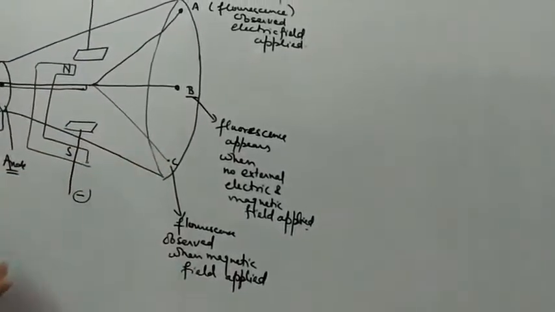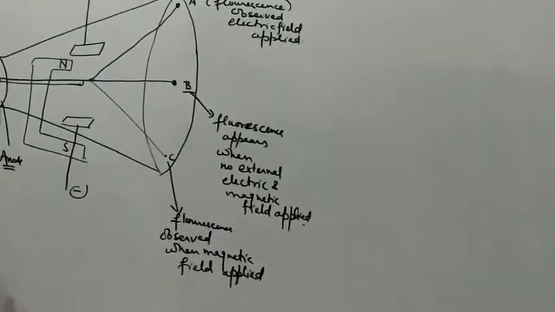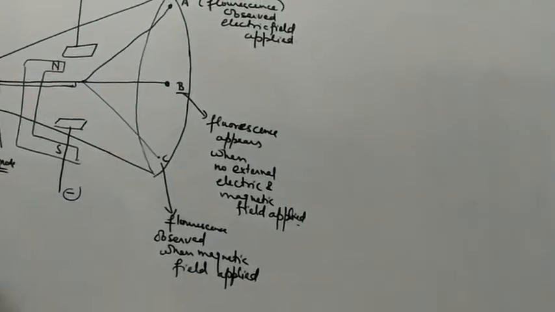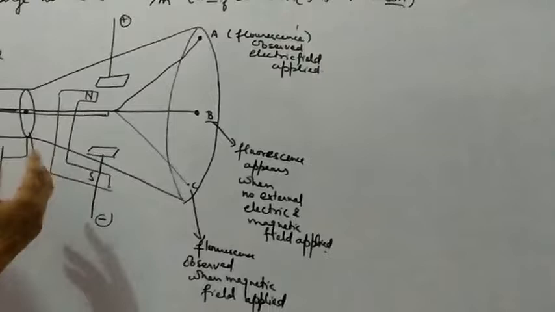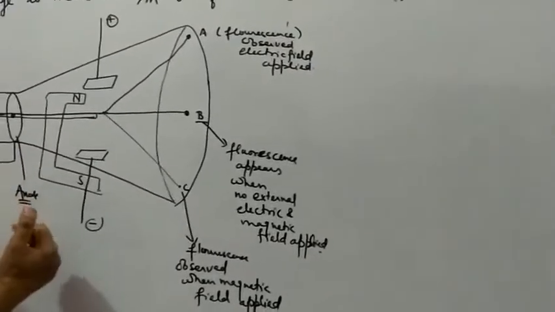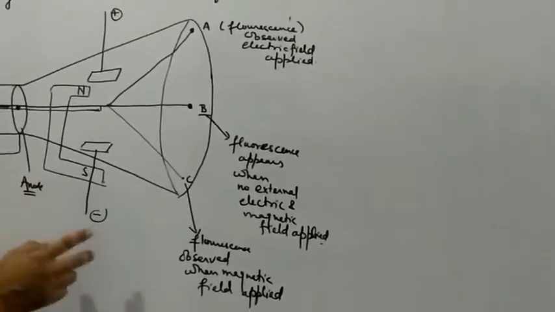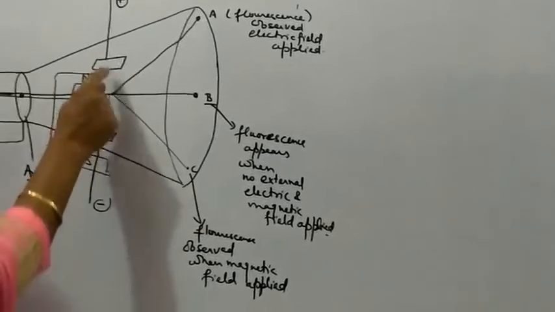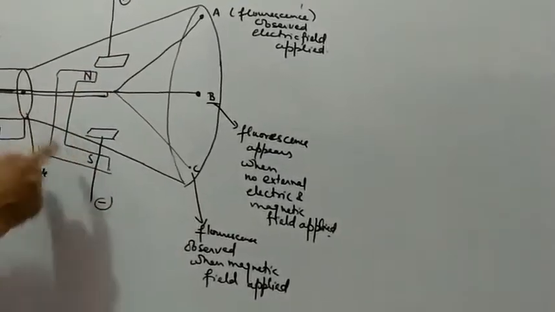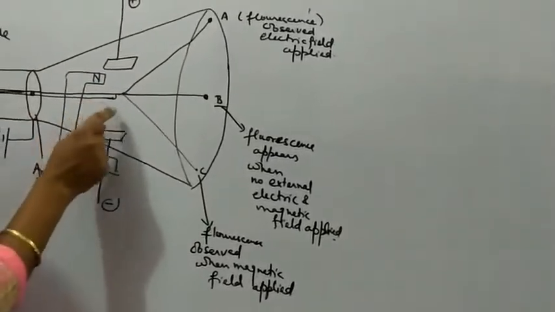Right. Now to determine the charge to mass ratio, he applied both the electric and magnetic field together. He placed both of them together, and what will happen then?